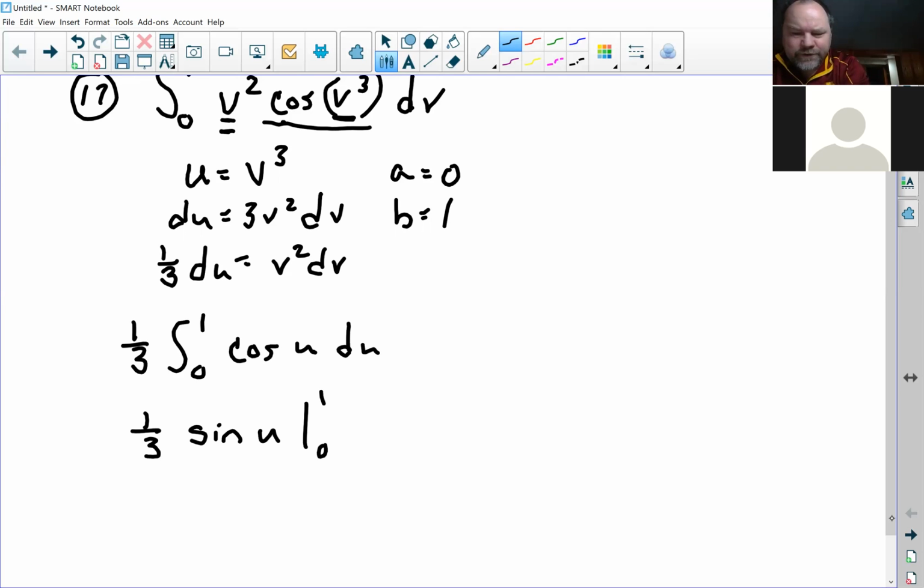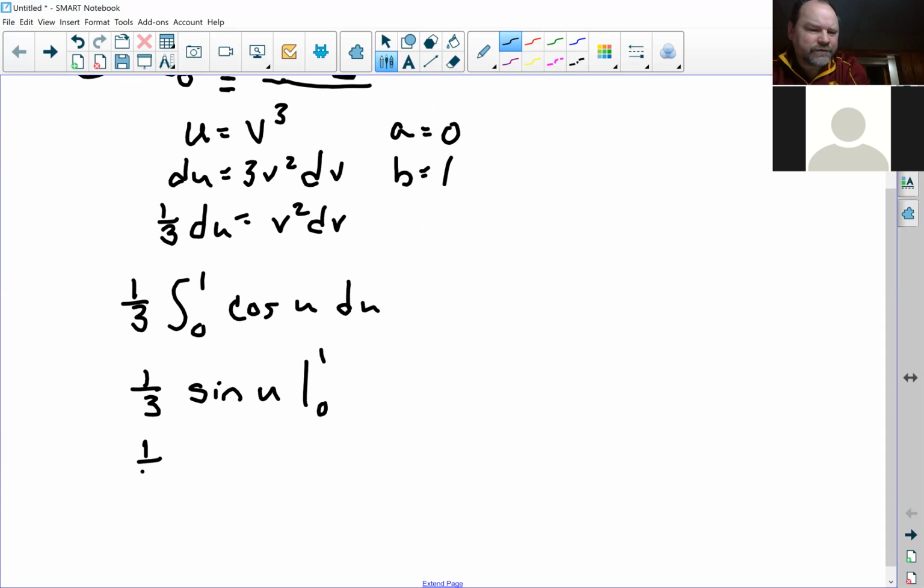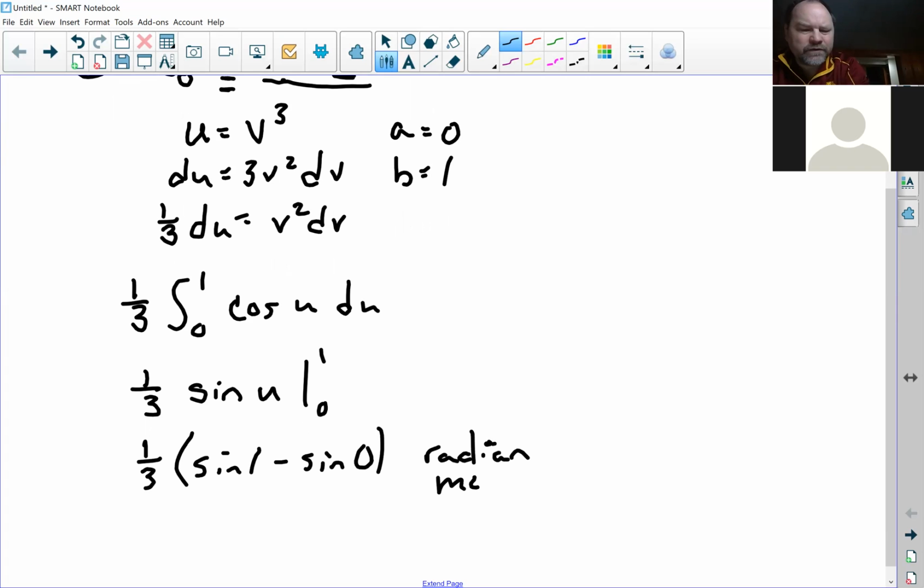And then I can plug in and simplify from there. The big thing here, make sure you're in radian mode if you're going to use a calculator, because all angles are measured in radians.